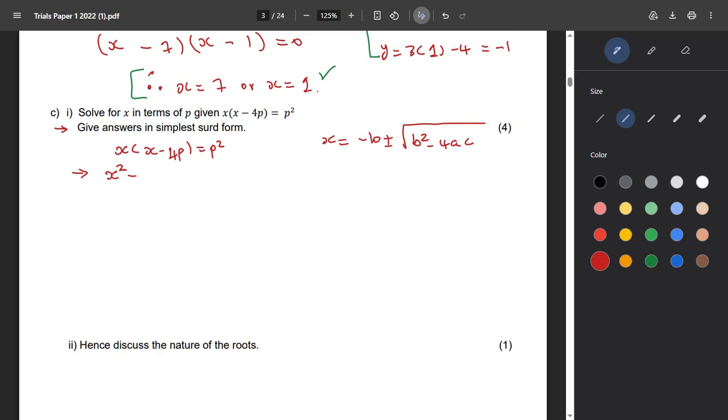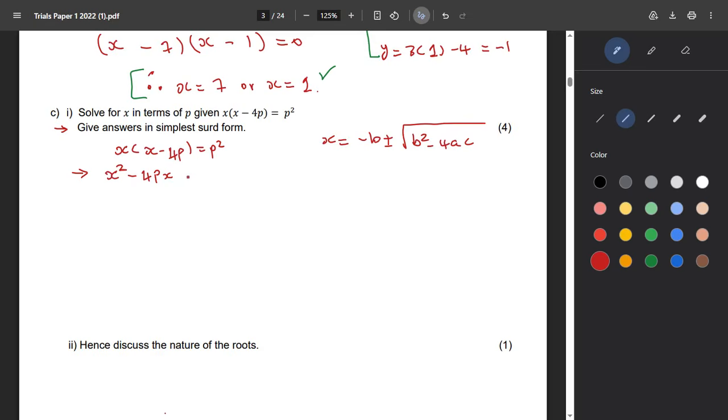I think it's also important that we highlight this part here, because let's say I choose to multiply out the bracket, which is what I'm doing now, x times x, that's x squared. Then x times negative 4p. Please make sure that you write it this way. This will be minus 4px. So the x is the variable. Then when they ask you what is the coefficient of x, it will be minus 4p.